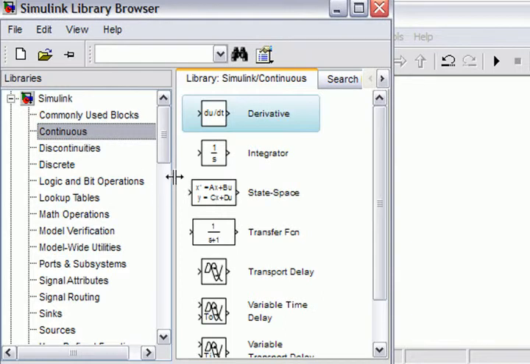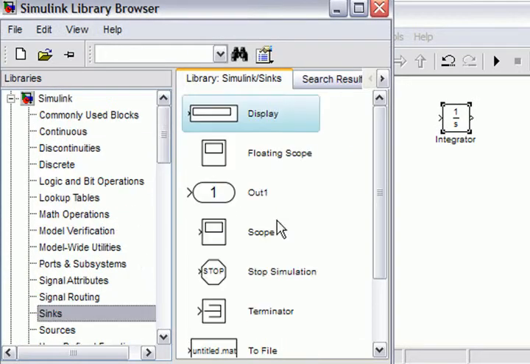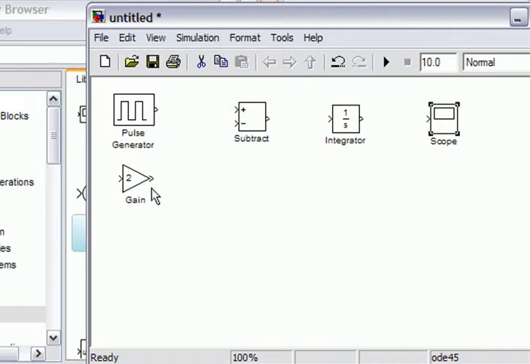From continuous subcategory, we choose integrator, and from sinks, the scope. Now we connect our parts. Be sure to connect with a black solid line.